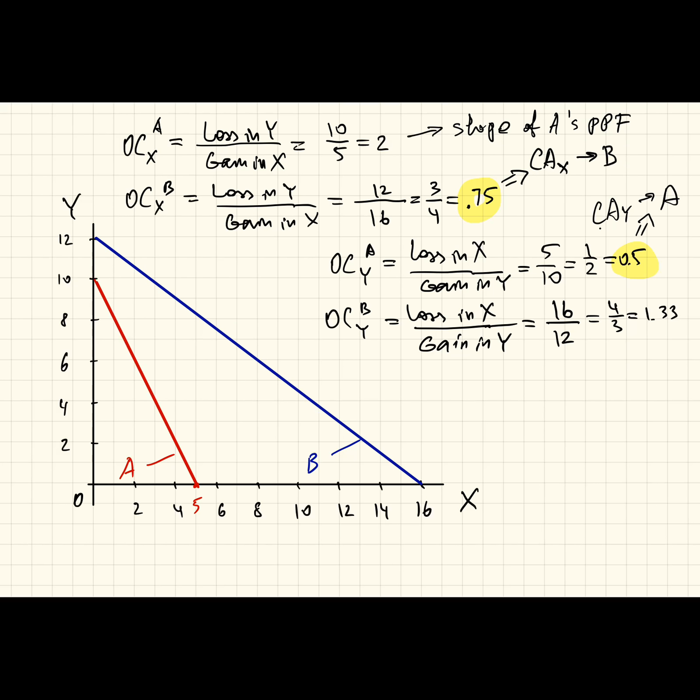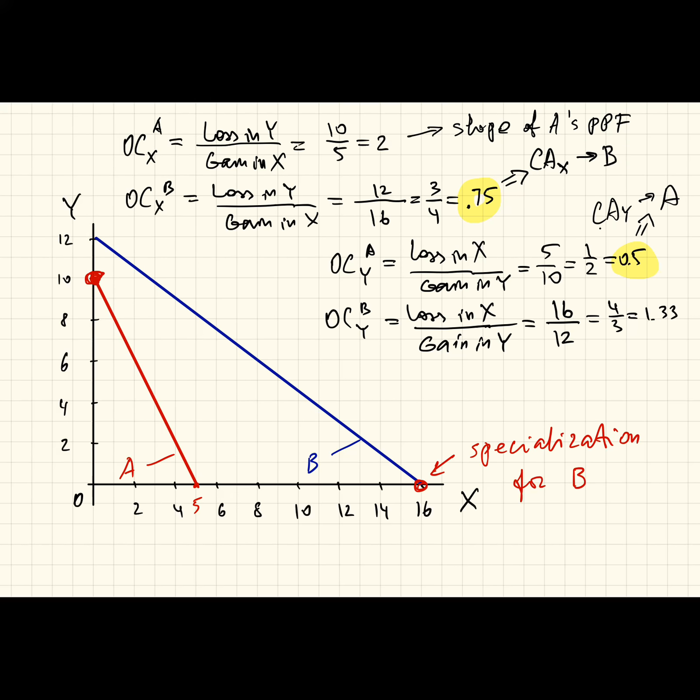This is where the point of specialization is. Let me actually change the marker. So this is the point of specialization for person B. And this is the point of specialization for person A.